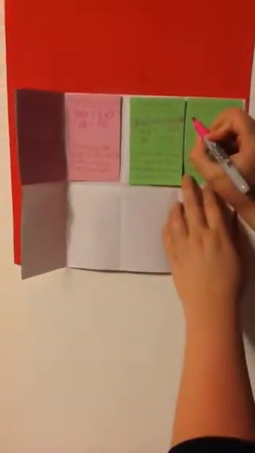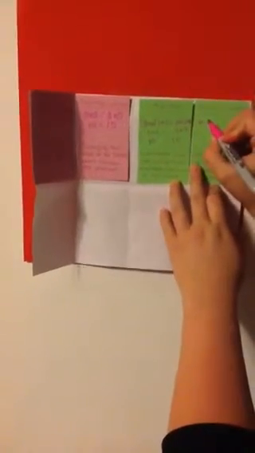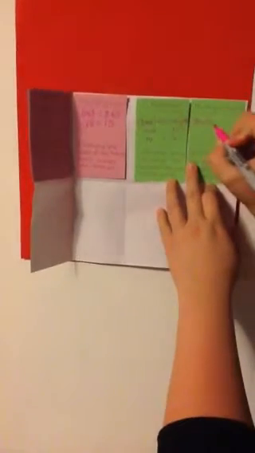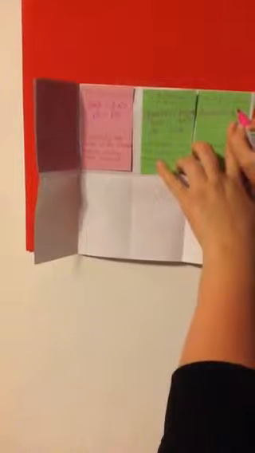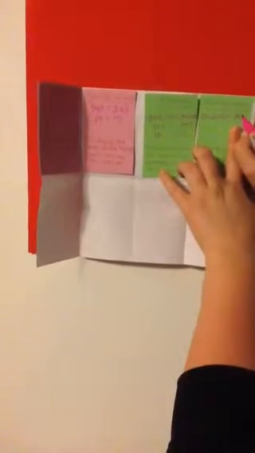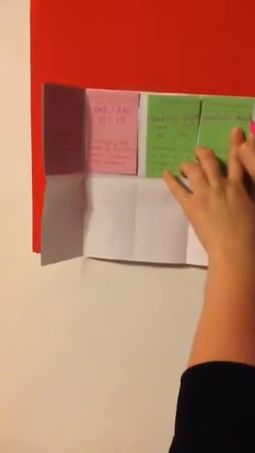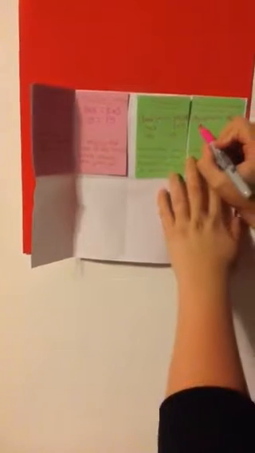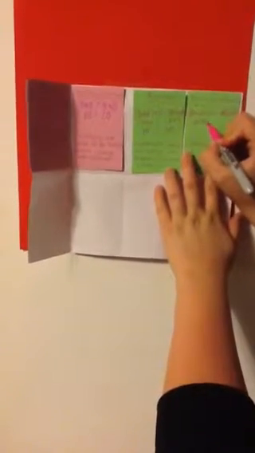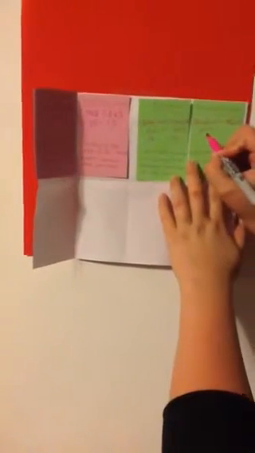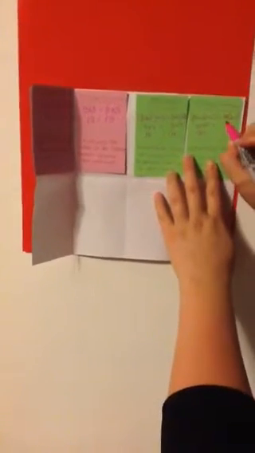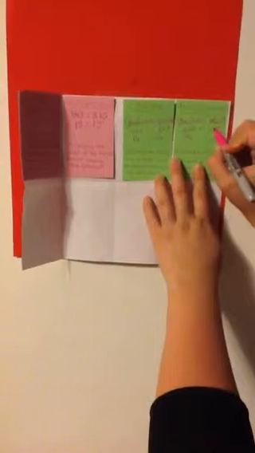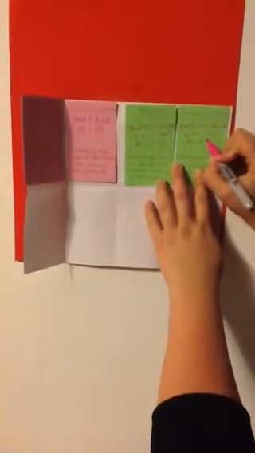Multiplication is the same way. 3 times 2, put in parentheses, times 5 is equal to 3 times 2 times 5. 3 times 2 is 6, times 5 is 30, and 2 times 5 is 10, times 3, which is equal to 30. So it's the same answer.